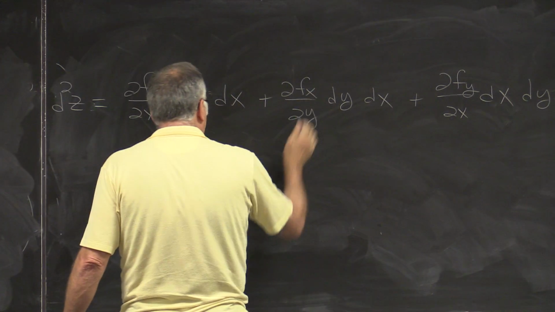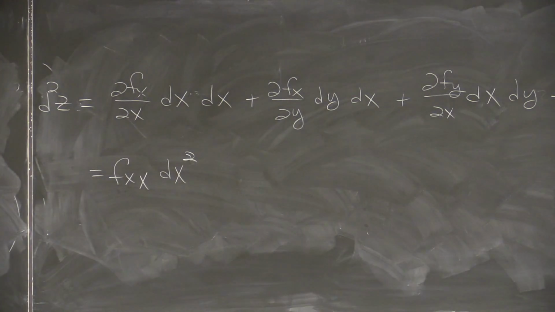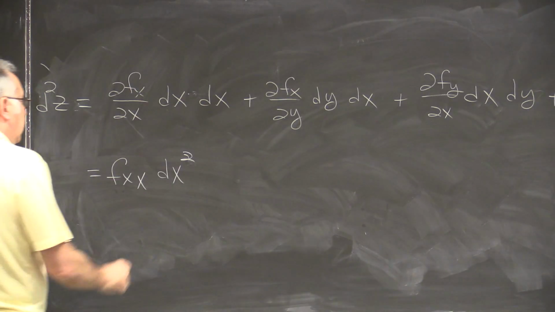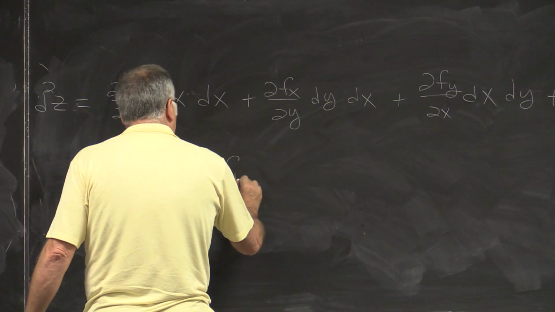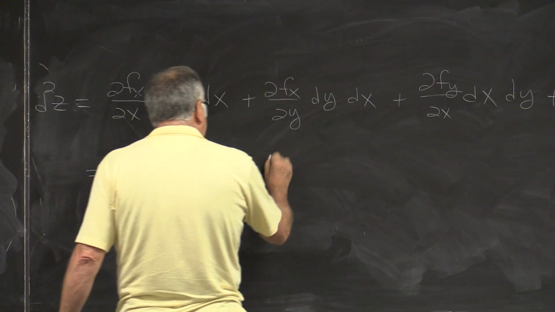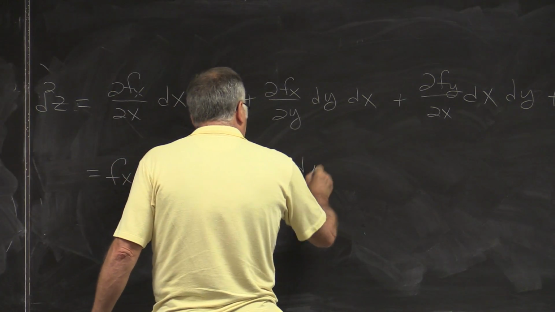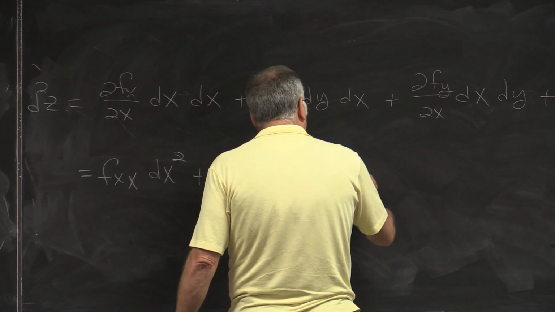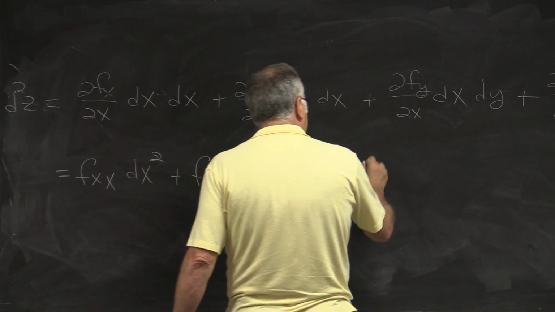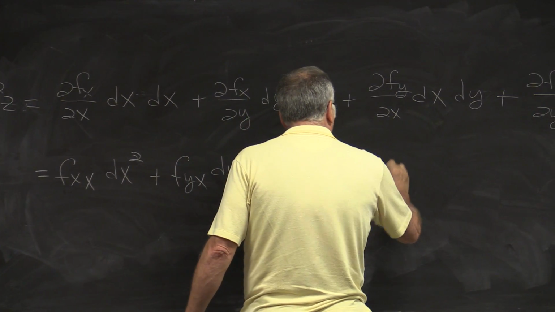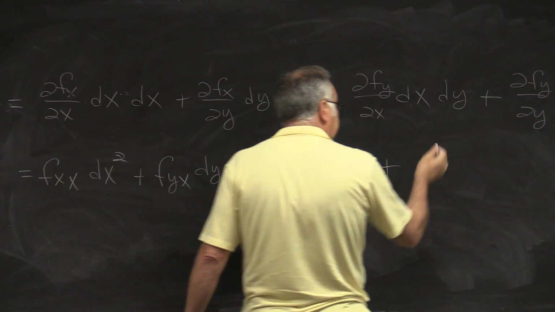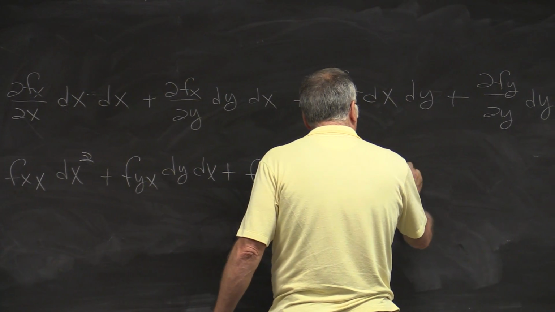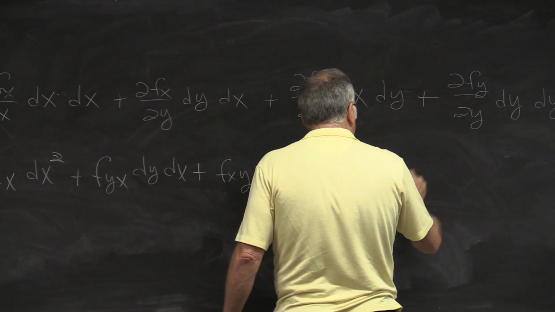This term right here is just f sub yx times the dy dx. This term right here is f sub xy dx dy. And this last term is f sub yy times dy squared.